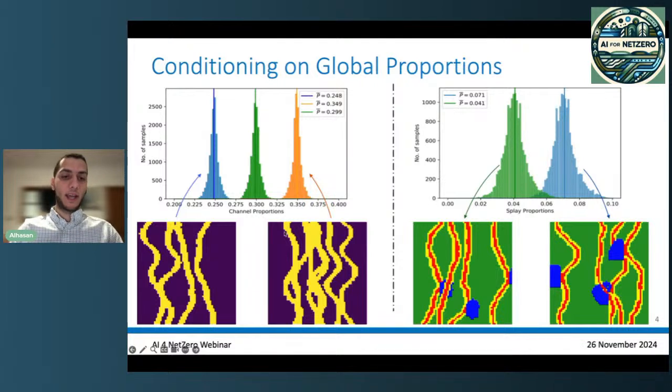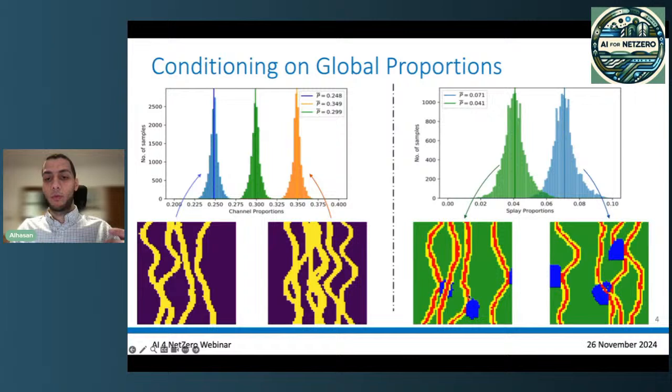And the question is, can we generate geologically consistent images, but with different global proportions, for example, 27% or 32%, or even beyond this range, like 20% or 40%? So this is the first data set. The second data set was a multiple phases data set.